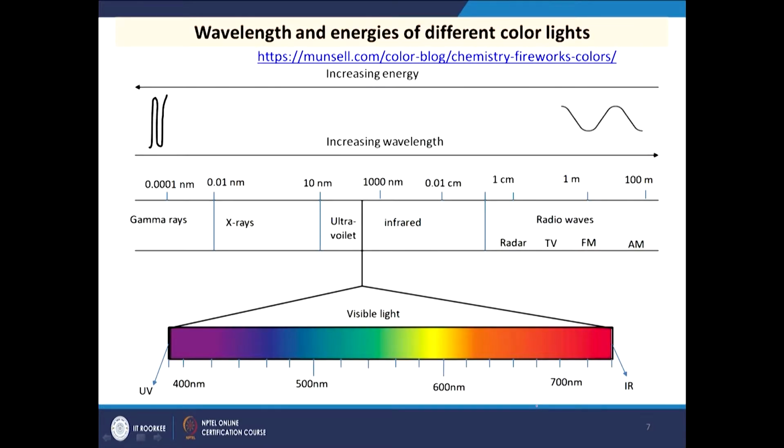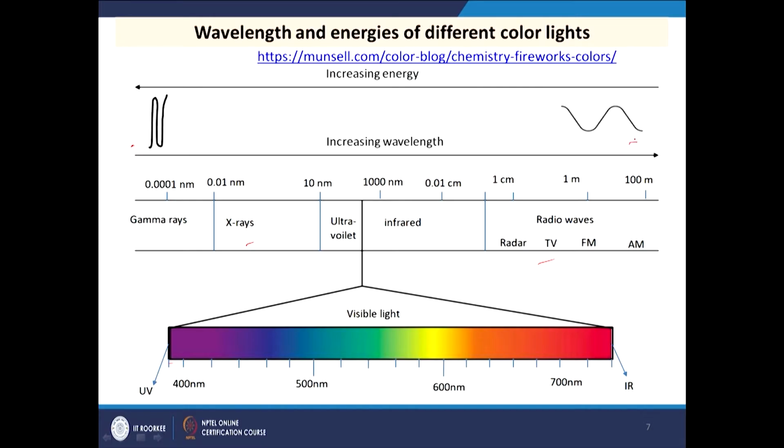Now, we will see the different wavelengths of solar radiation we have: visible light here, and others such as gamma ray, X-ray, and infrared. As you know, the more the wavelength, the less the energy, so this part has high energy and this part has less energy.